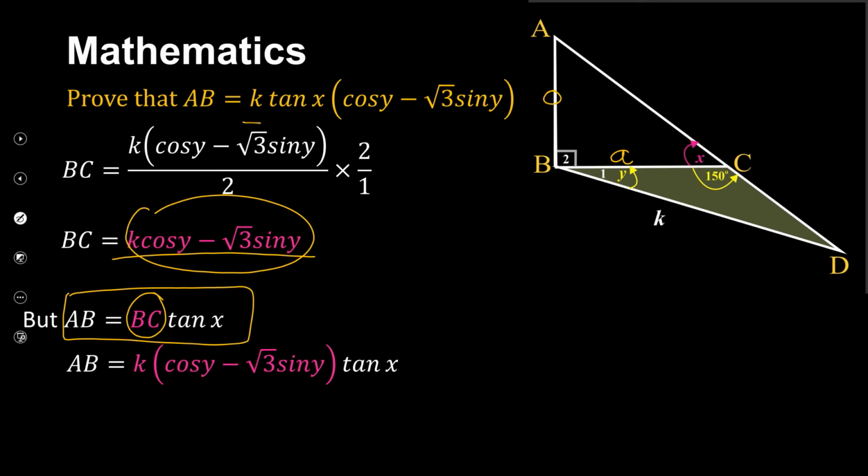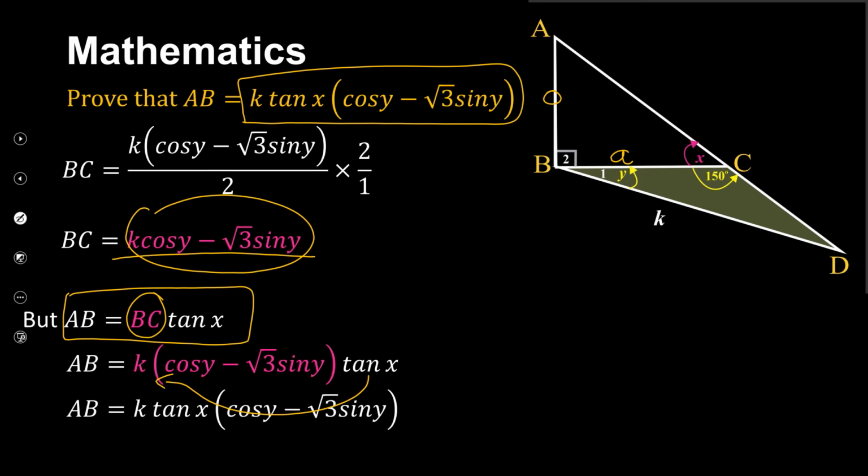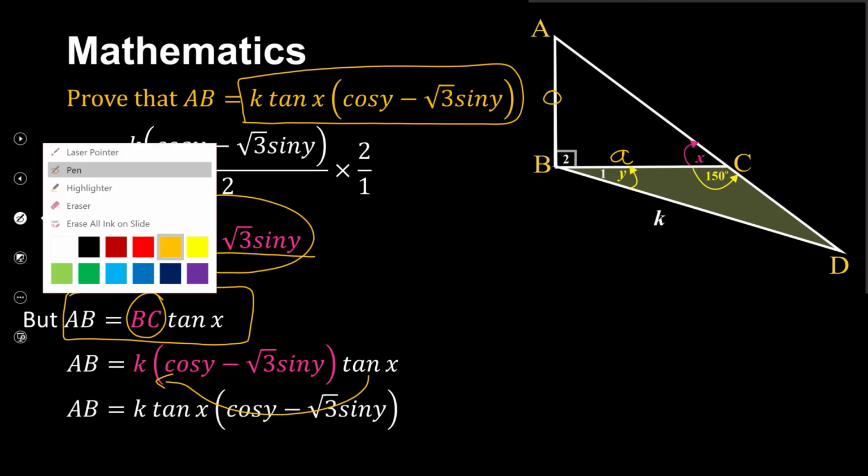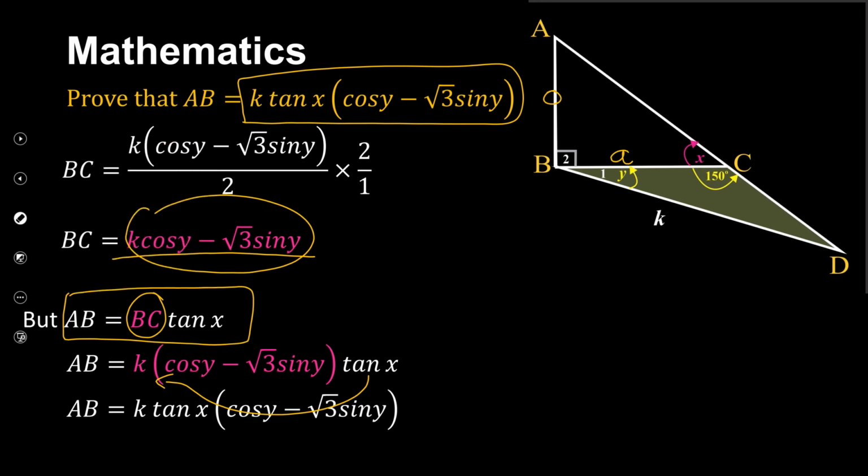And if you look at what they asked us to prove, it's exactly the same thing, except that the tan of x is in front. So just rearranging this, I'm going to end up with k tan x times cos of y minus root 3 sine of y. And that's exactly what they needed us to prove.